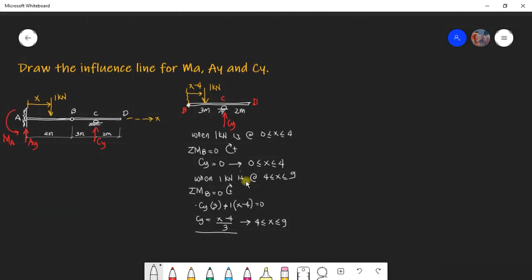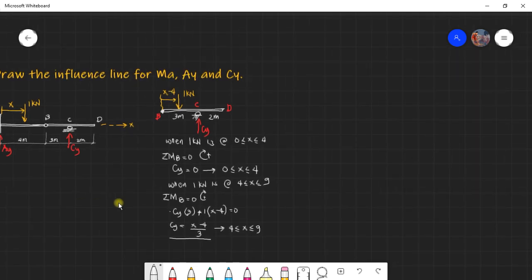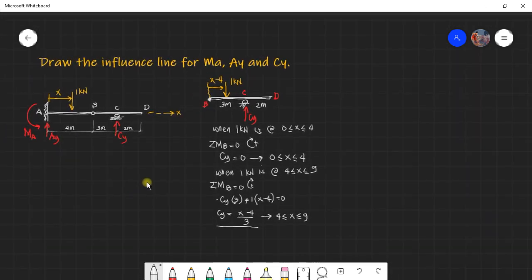So we already derived the value of CY as a function of X. How will you draw the influence diagram of this CY? Let's draw it here.